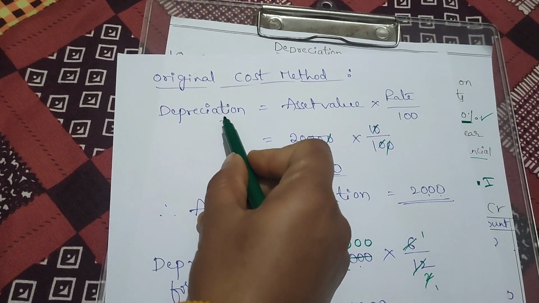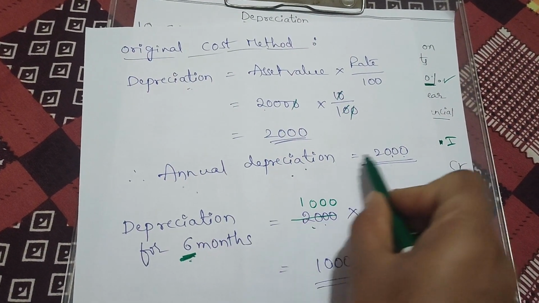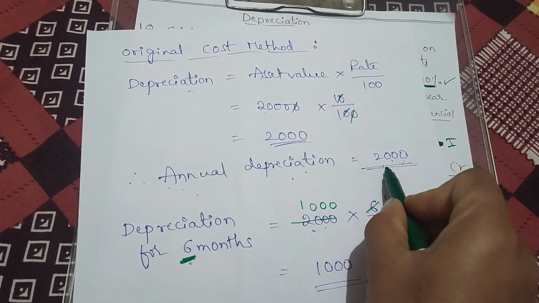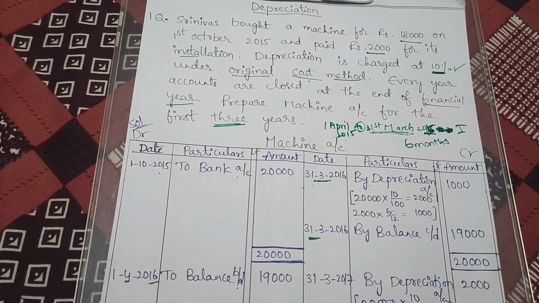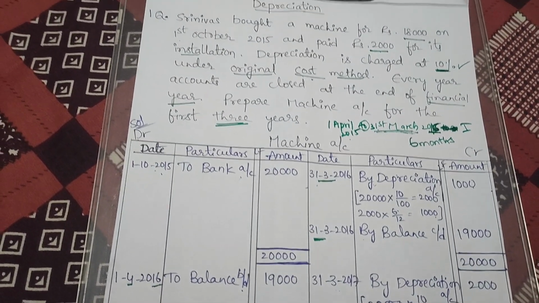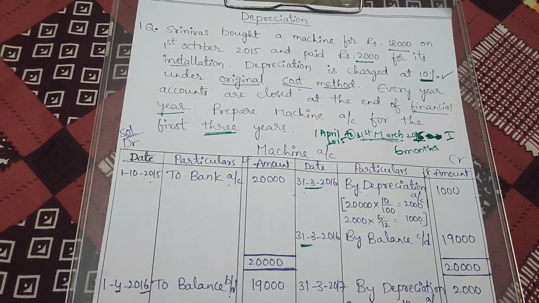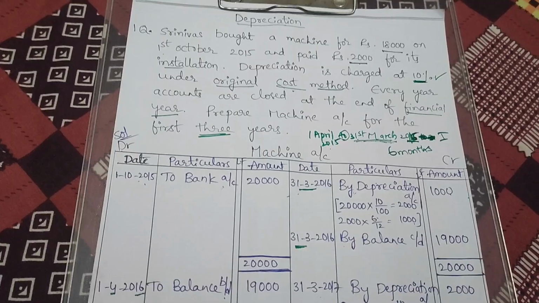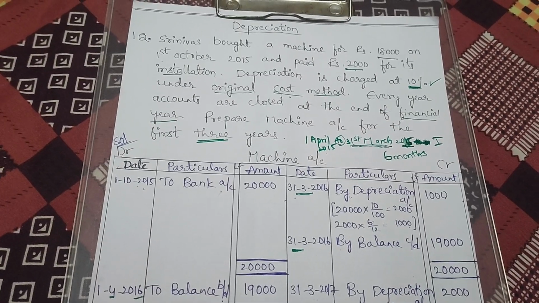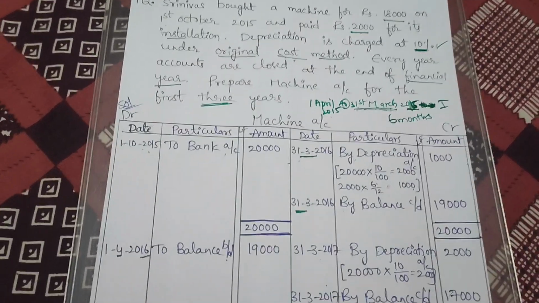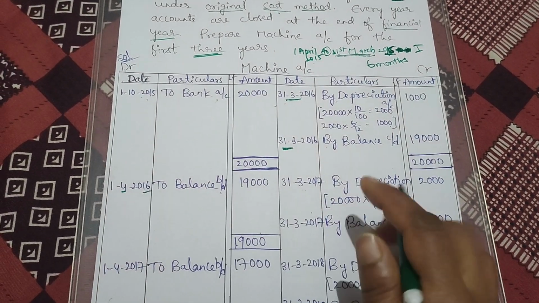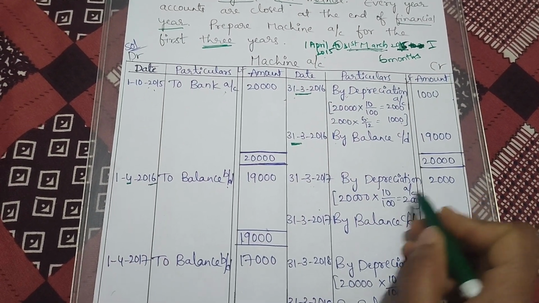What is annual depreciation? 2000. Whatever annual depreciation we get by the formula should always be taken for a full year, so here again 2000 depreciation.